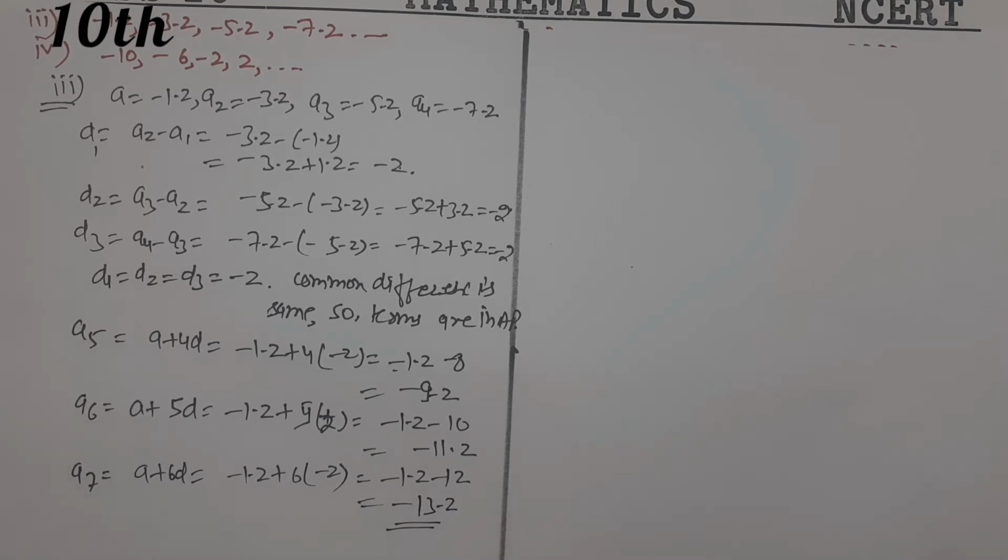We have -13.2. So the answer terms are -9.2, -11.2, -13.2, which are a5, a6, a7.